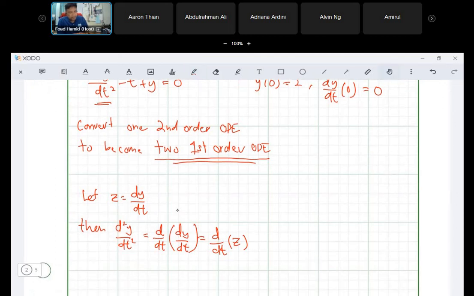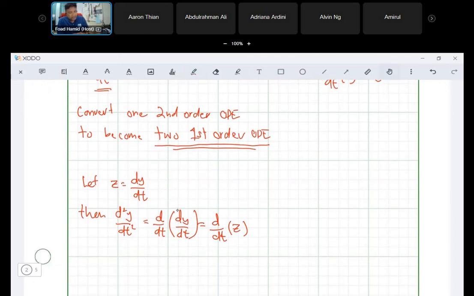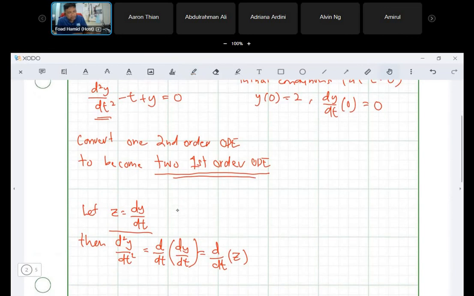So now we introduce this new equation. So let's substitute that into this equation here.